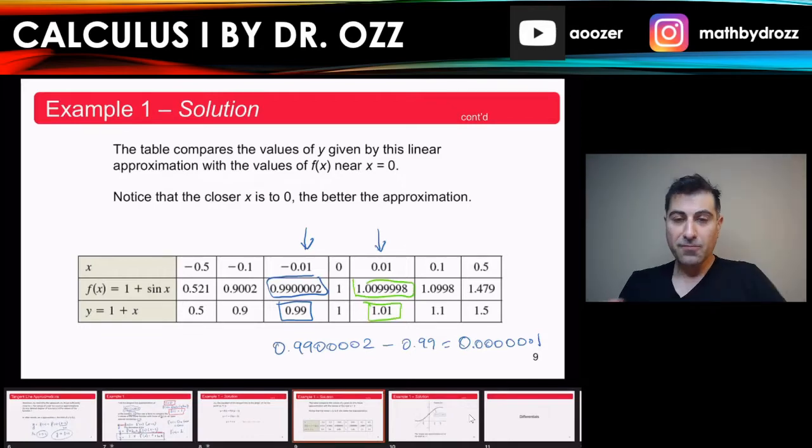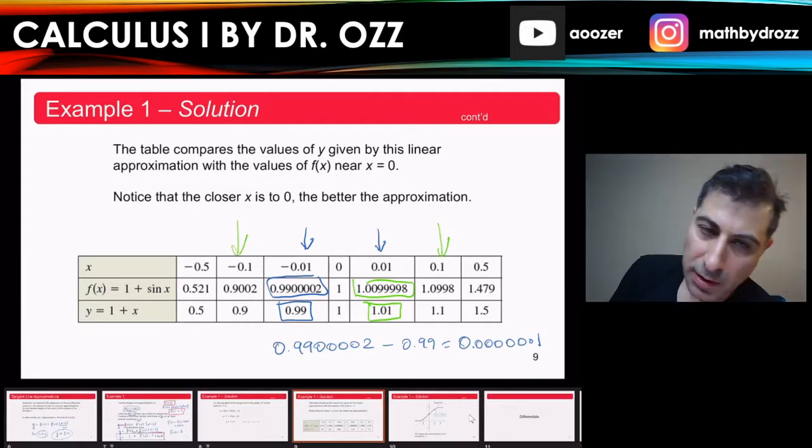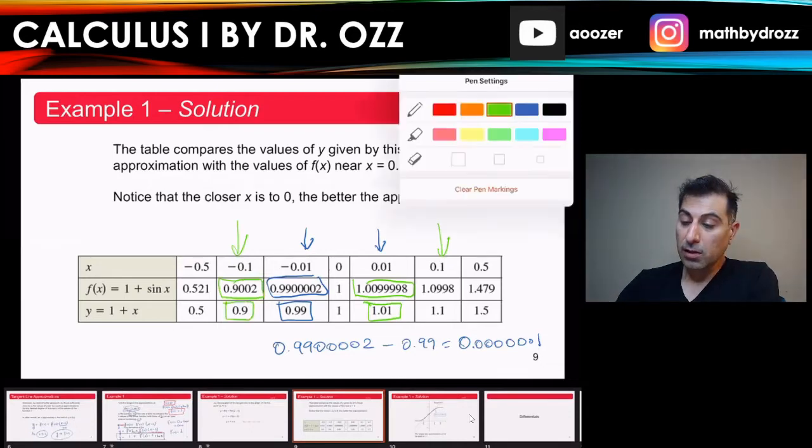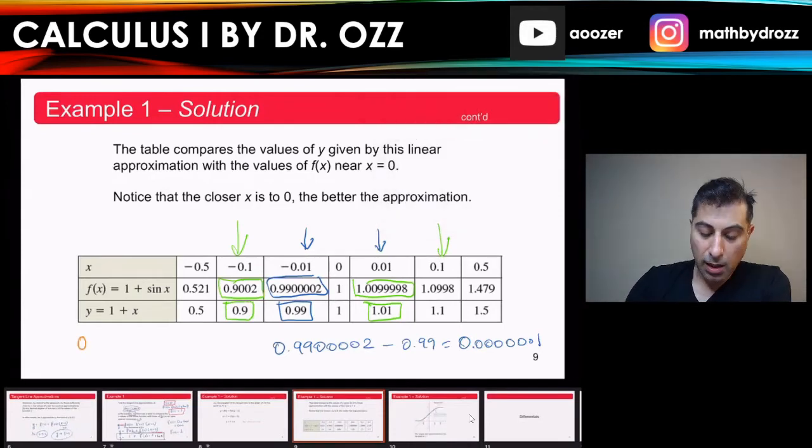Okay. If you're diverging away from 0, let's say you're considering 0.1 and negative 0.1, the error could be a little bit larger, obviously. But still, you see that this is the actual value of the function at -0.1, and then the approximated value is just 0.9. So if you look at the difference here, 0.9002 minus 0.9, that's going to be equal to 0.0002.